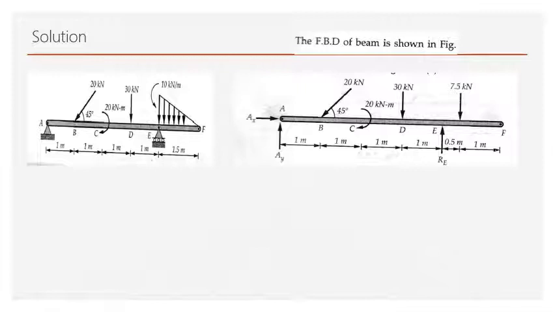There is no support. And yes, of course, the UVL of 10 kilonewton per meter maximum intensity is converted into a point load. How do you convert? That is nothing but the area of the triangle, half into 10 into 1.5. That is 15 by 2. That is 7.5 kilonewton.